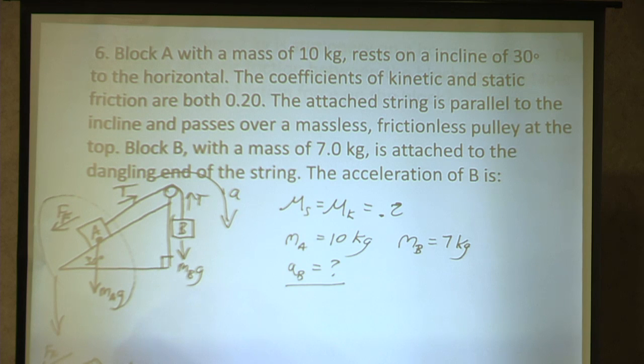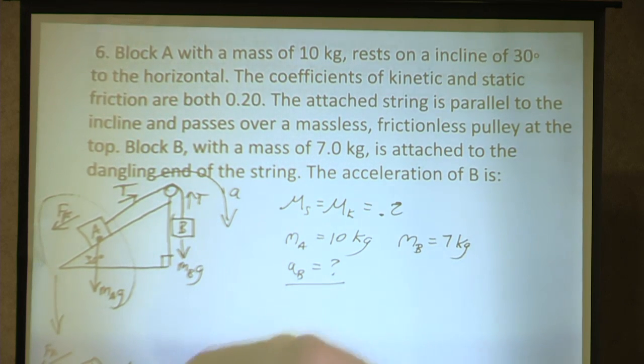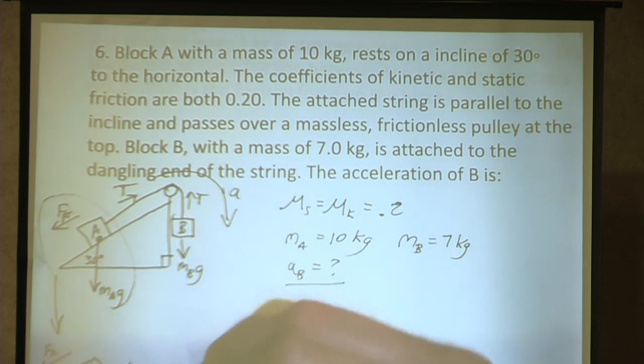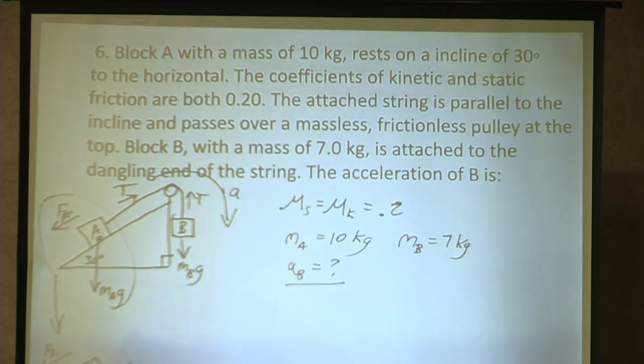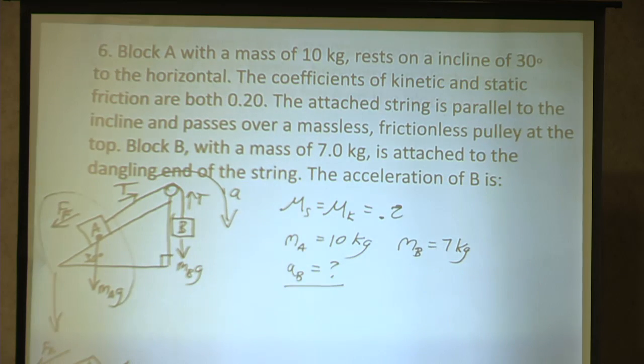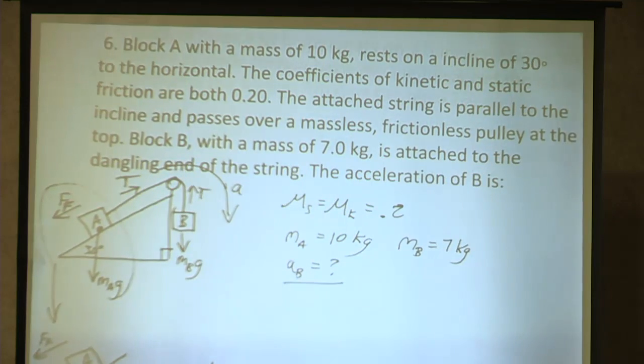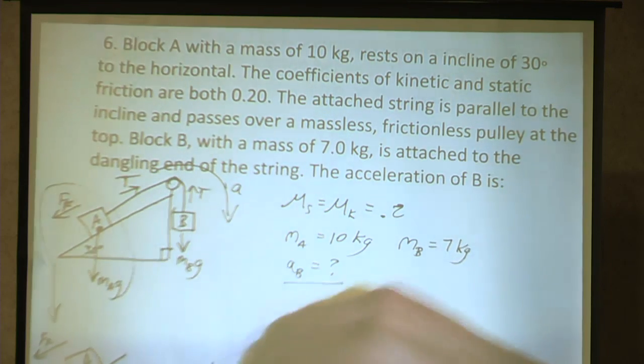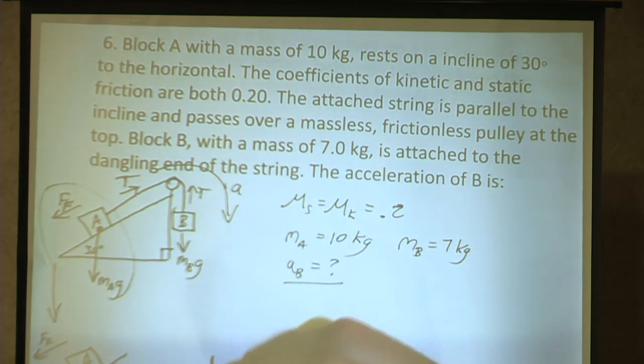You're always going to have to do this. I guarantee you'll do this on your final exam. I'm going to draw this again over here. That main force that you derive everything off of must be the hypotenuse. I used to mess this up all the time. I would always get this wrong on exams in Physics 1, and it's a really dumb mistake. Just remember, this will be the hypotenuse, this m_A g. All right? So you've got this right here.